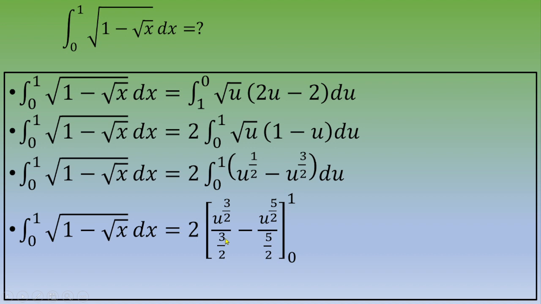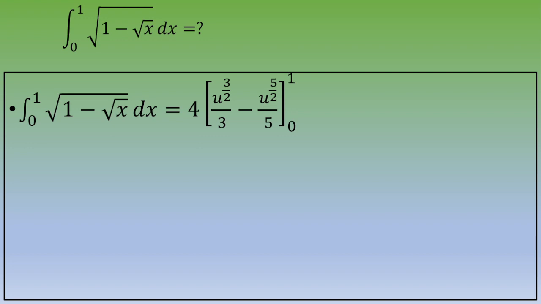Instead of dividing by 3/2, this is the same as multiplying by 2/3. And this is the same as multiplying by 2/5. So 2 times 2, this is 4. So we got 4 times (u power 3/2 over 3 minus u power 5/2 over 5), and this is between 0 and 1.